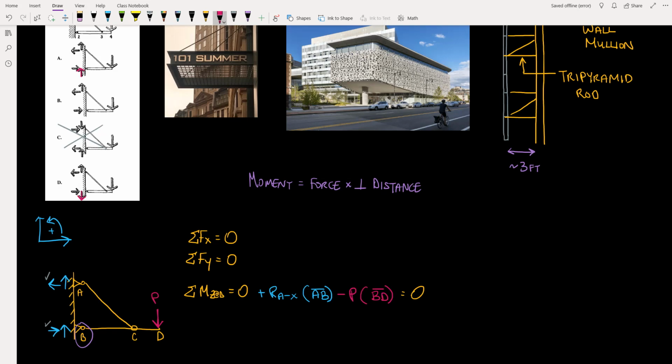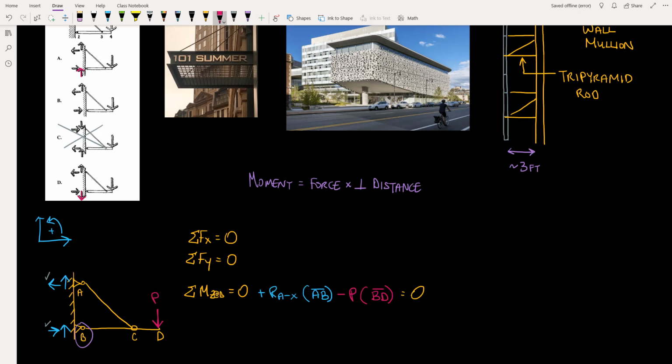So we've already gotten as much information as we could out of the sum of forces in the x direction equation. We also didn't really get anywhere with the sum of forces in the y direction equation. And lastly, with the way that we've drawn our free body diagram currently, there isn't really too much more we can do with the sum of moment equation.